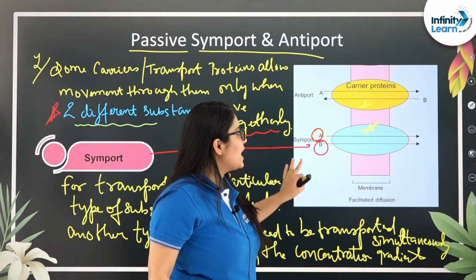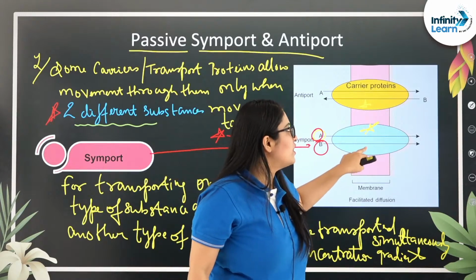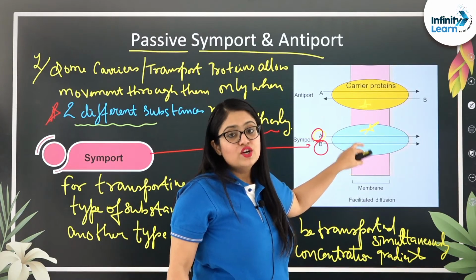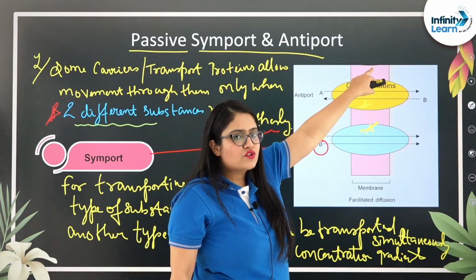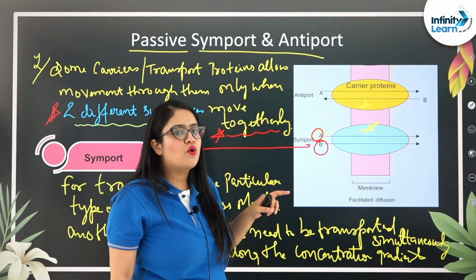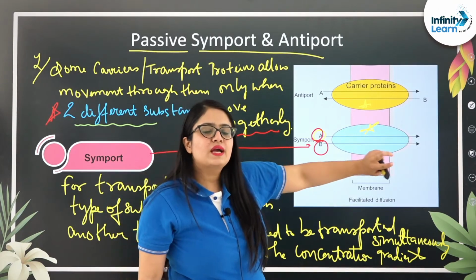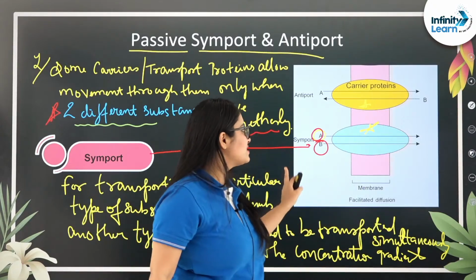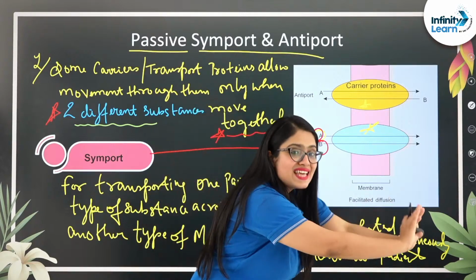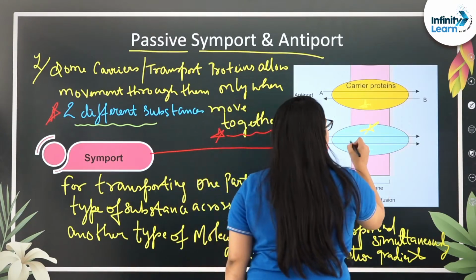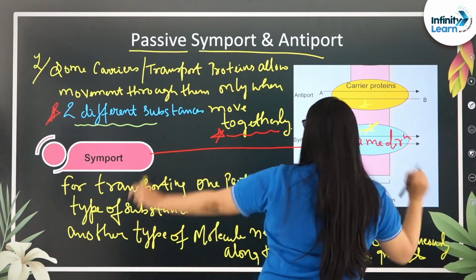So at the same time, these two types of substances A and B are crossing this particular carrier protein. So in symport, some carrier proteins allow transport only and only when two different types of substances move together. These two different types of substances move in the same direction, and hence the name symport.